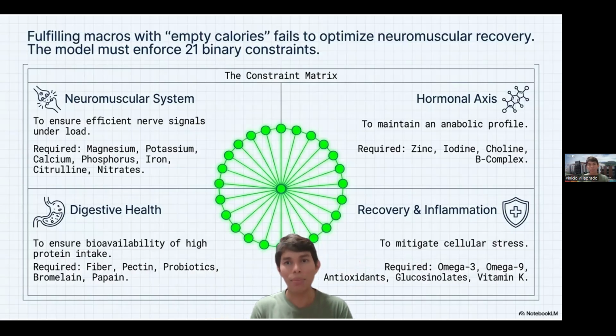To maintain an anabolic profile and gain muscle faster, I need an increase in testosterone and a decrease in estrogens, and these micronutrients help me do so. Then digestive health: all these micronutrients can be absorbed with higher viability if I consume these other micronutrients. And last, recovery and inflammation. To mitigate cellular stress, I consume omega 3, omega 9, antioxidants, glucosinolates, and vitamin K.